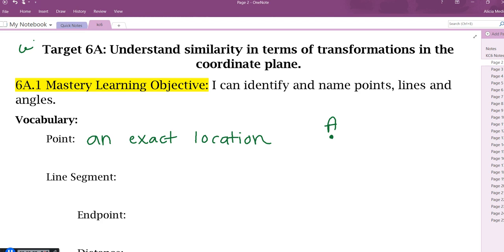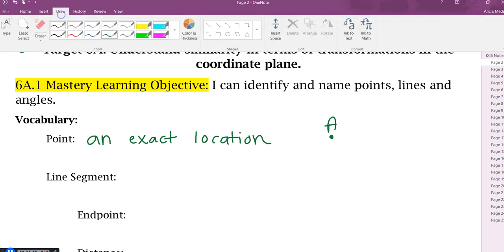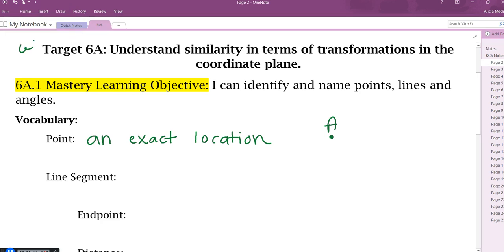A line segment is, let me change my color because I'm going to reference some of these. A line segment is going to be a part of a line that connects 2 points.